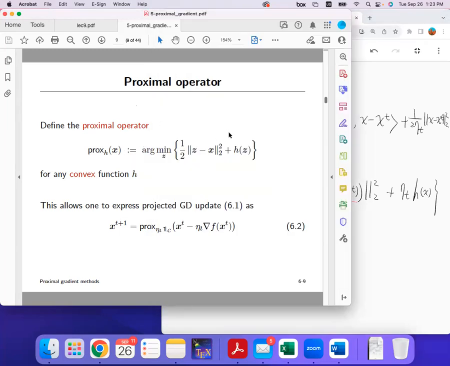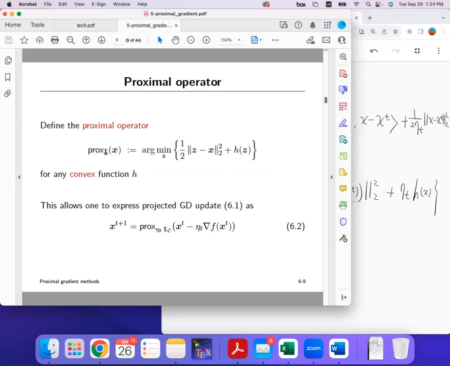Now look, this is how we write this notation. This is the original definition, so you have to follow this one. The H is in the subscript of this proximal operator.